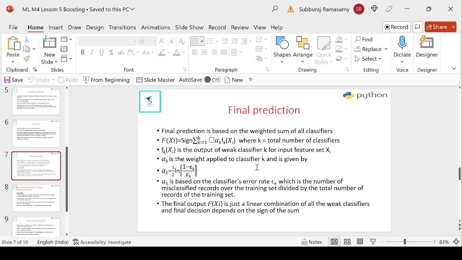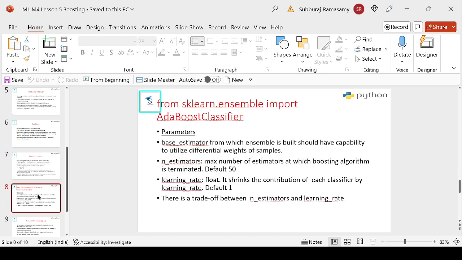So once you have the final prediction, then new, unforeseen data can be classified using the formula. So scikit-learn supports AdaBoost. The base estimator from which the ensemble is built should have the capability to utilize differential weight of samples.